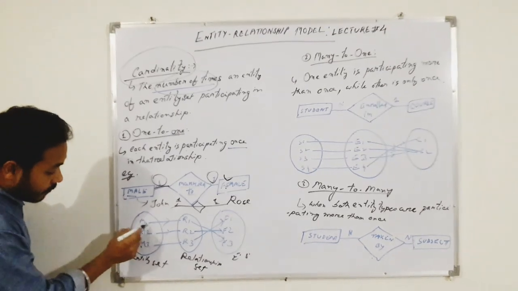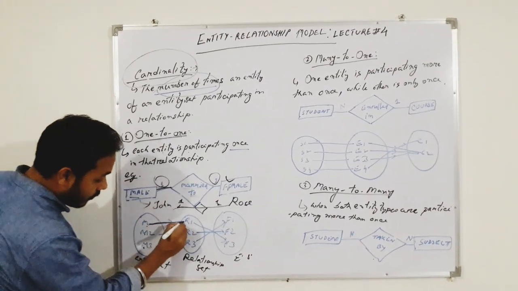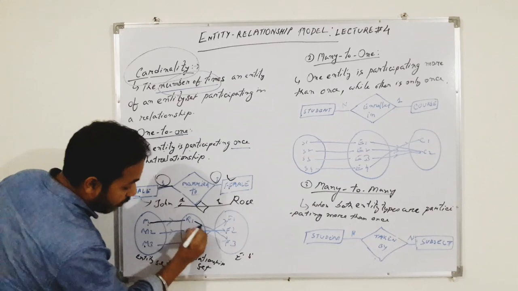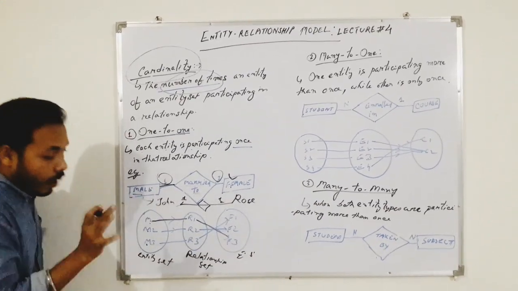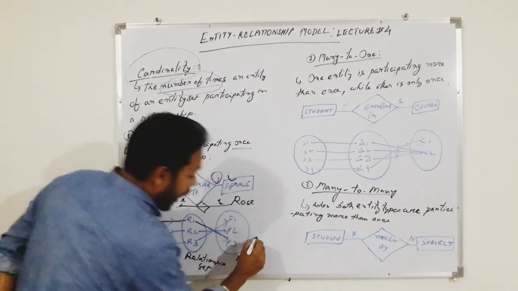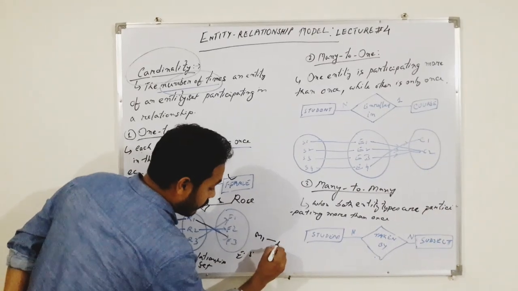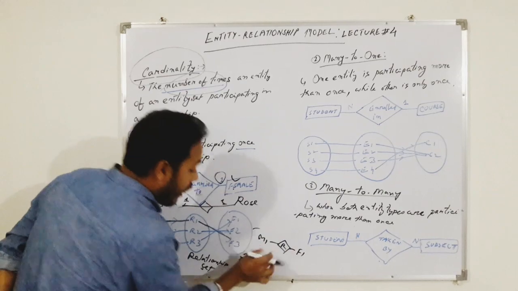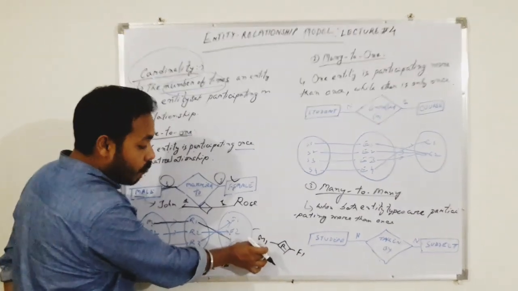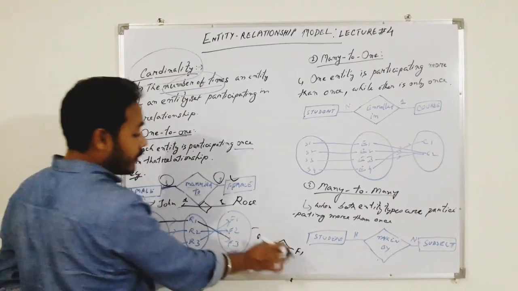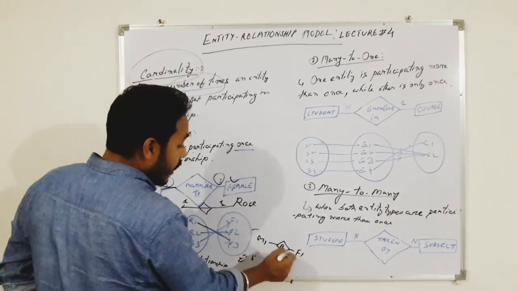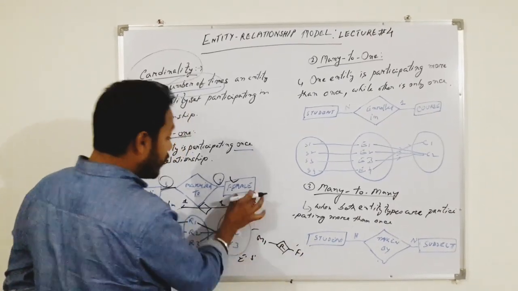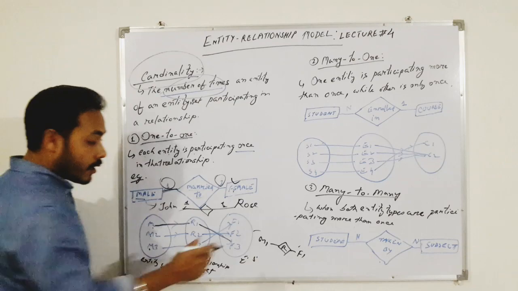Now see this symbol: M1, R1, F1. What does it mean? This means that male one, that is M1, a particular entity of the male entity set, is married to F1 of the female entity set. Got it?